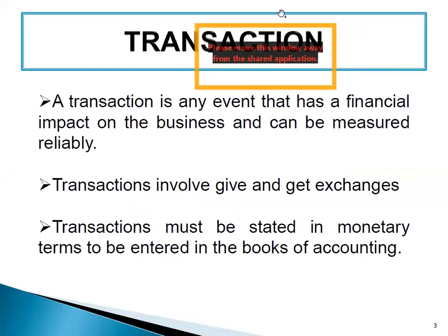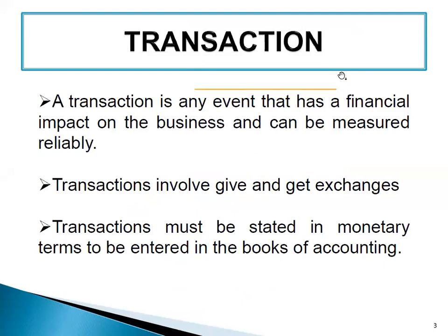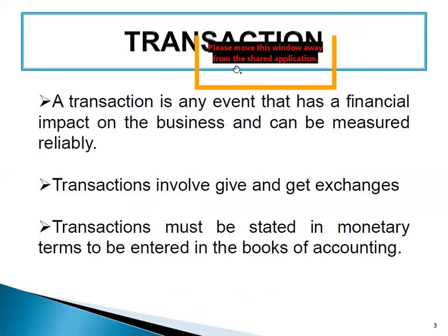Another few points that I would like to discuss with you. A transaction is an event that has a financial impact on the business and can be measured reliably. The transaction is basically an event which happens between two persons, buyer and seller.